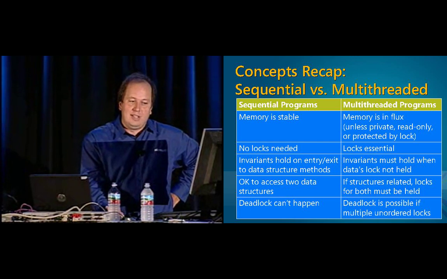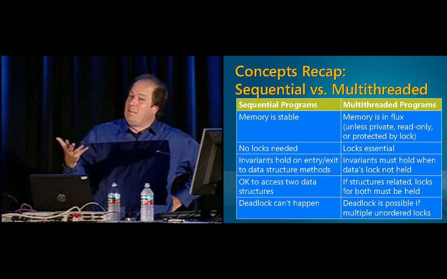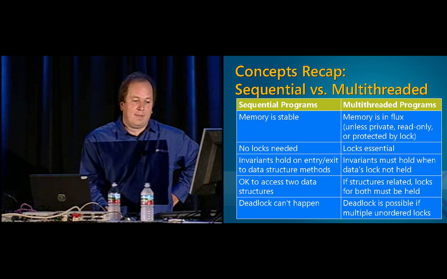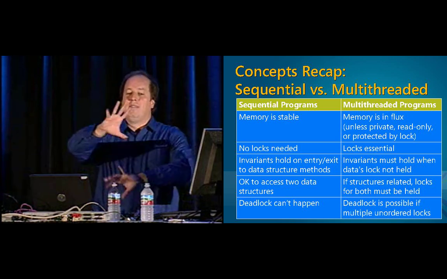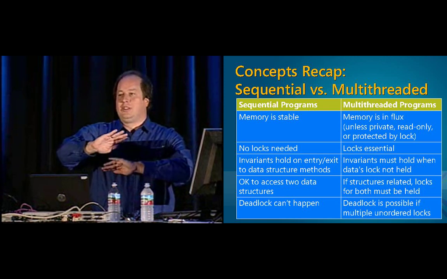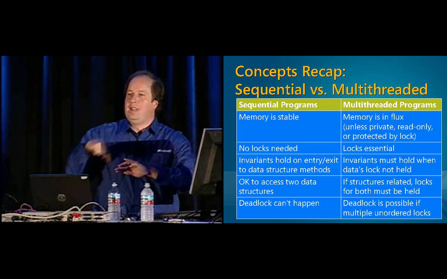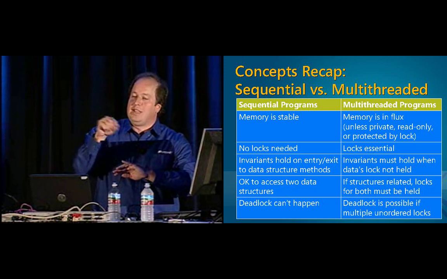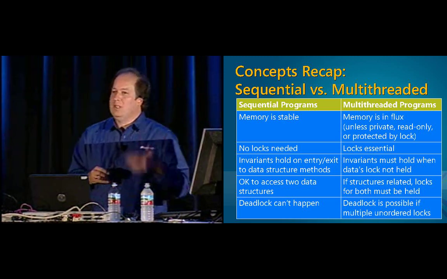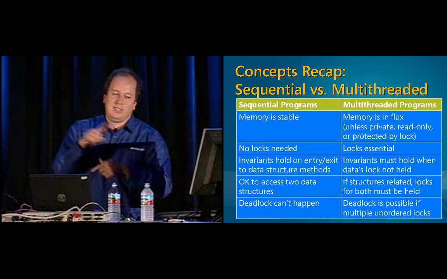So locks are essential. You have to actually think about what your invariants are and how you protect them from other threads. To the extent that you have composition of some work between 2 data structures, you may have to put a lock around the whole thing so that someone doesn't see some intermediate state between the 2. And as soon as you have more than one lock in your program, you can get to this deadlock phenomenon.